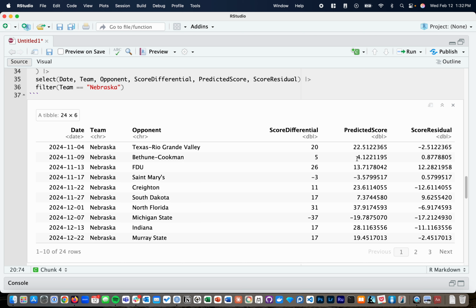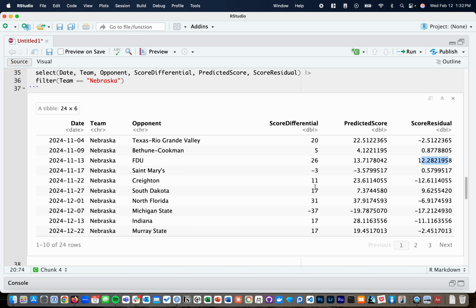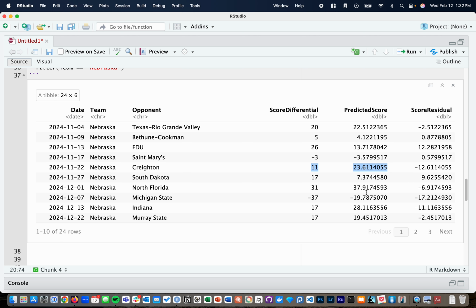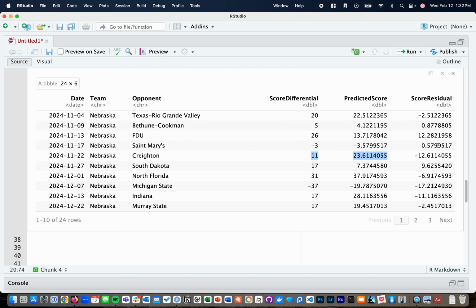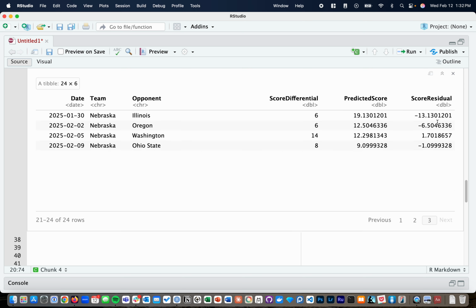And notice they get a lot closer. FDU, we shouldn't have won by as much. That's a pretty good miss. The Creighton game, we should have won by more. I wish we would have. Yeah, it's actually not too bad here. It does say we should have lost to Ohio State.